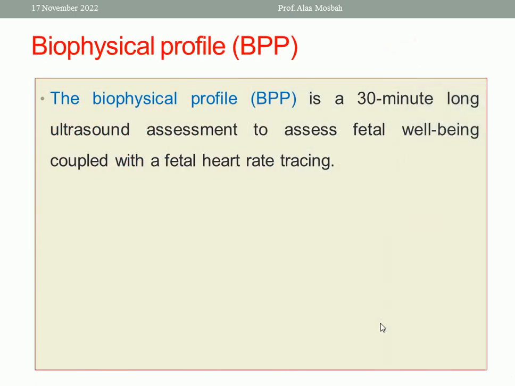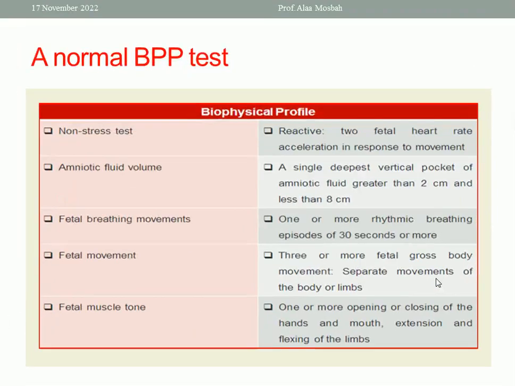Let us start with the biophysical profile. As we said before in the previous lecture, it is a 30-minute long ultrasound assessment to assess fetal well-being coupled with fetal heart rate tracing. So we have a score of 10 and 5 items.